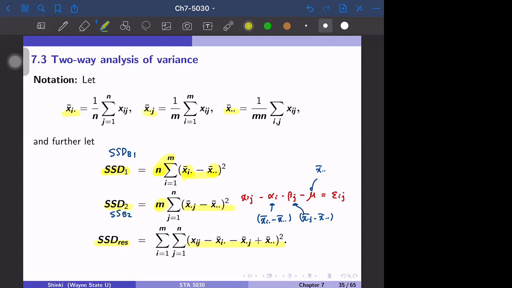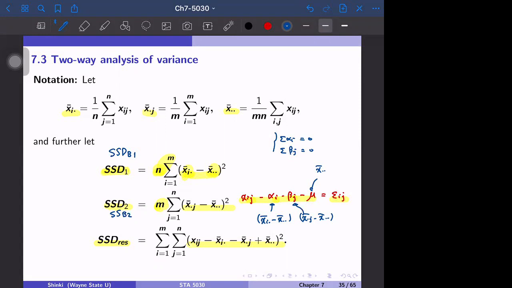So the interpretation is here. x_ij minus alpha i minus beta j minus mu is equal to epsilon_ij. This is from the definition. And suppose that our restriction is that the summation of alpha i is equal to 0 and the summation of beta j is equal to 0. Then mu is the overall level, so x bar dot dot is the estimate for mu.